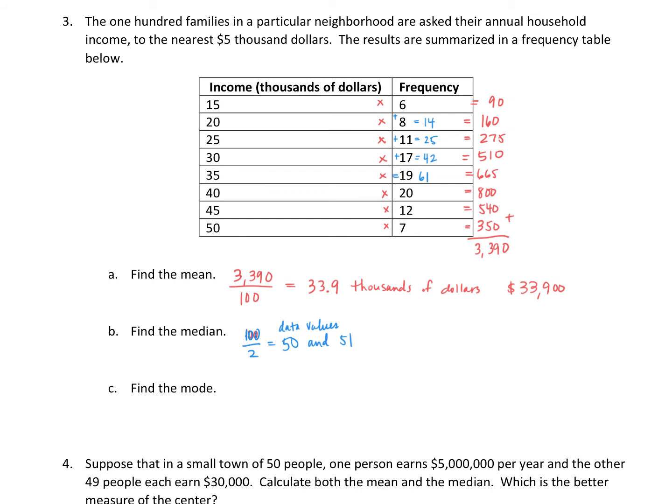Okay, so that means that I'm adding these up. This is called a cumulative frequency. So maybe I should make a new column. So the cumulative frequency is what you get when you add up as you go.